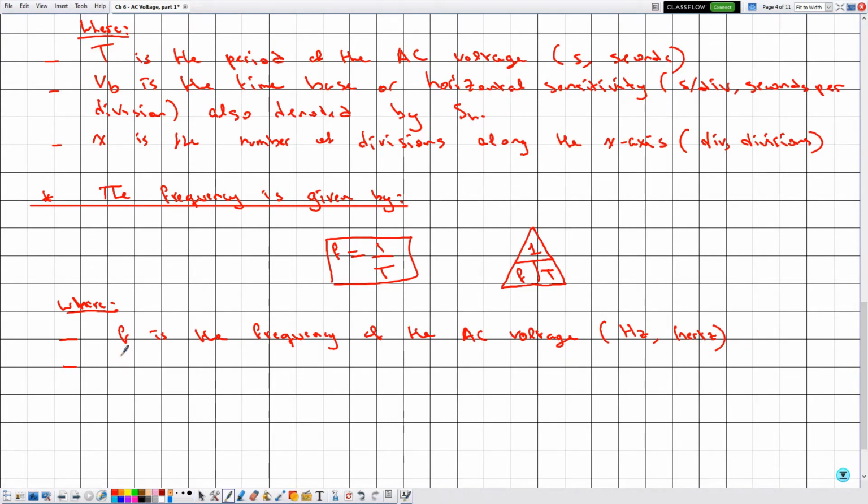And as for the period T, we have discussed this previously, it is the period of the AC voltage.